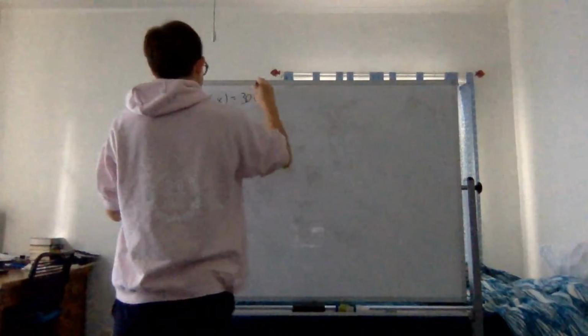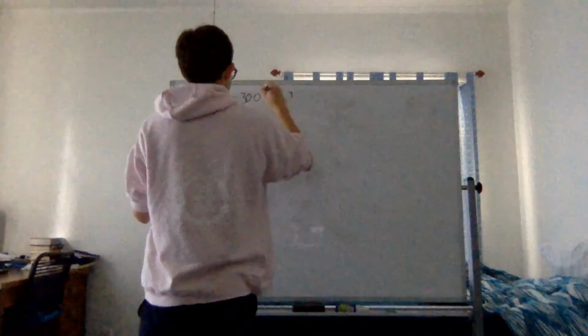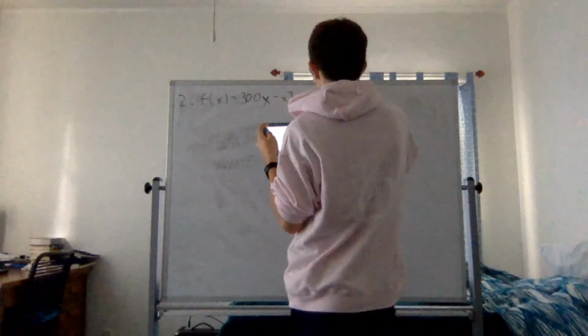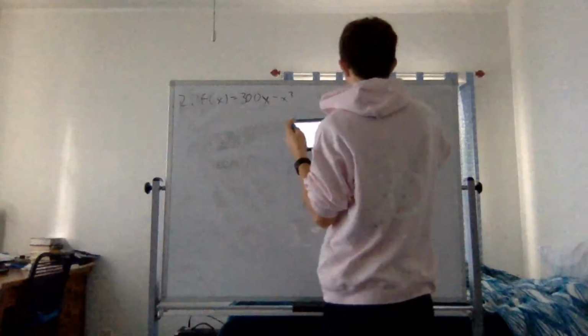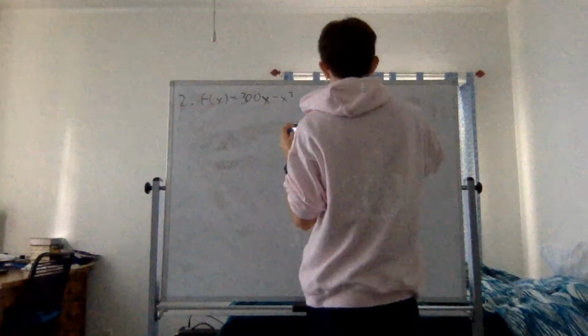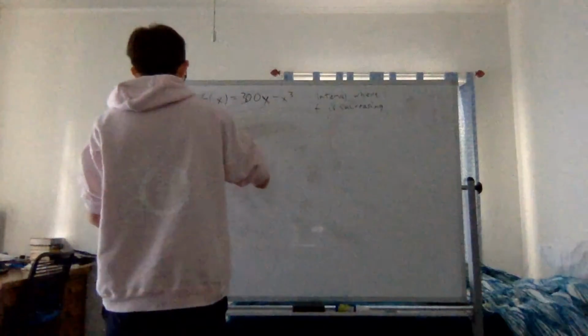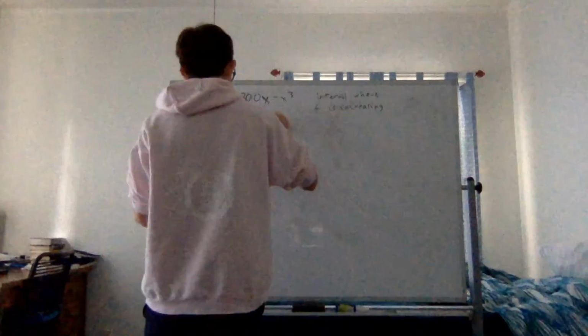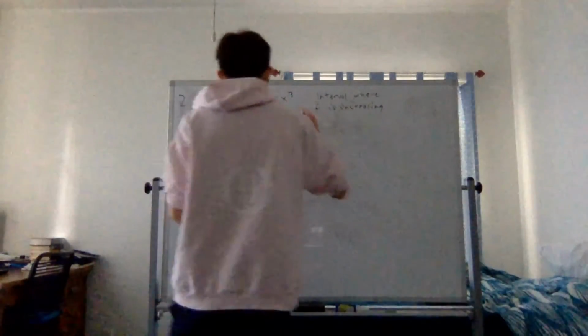Okay, question 2. Let f be the function given by f of x equals 300x minus x cubed. On which of the following intervals is the function f increasing? So, the interval where f is increasing. A is negative infinity to negative 10 and 10 to infinity.